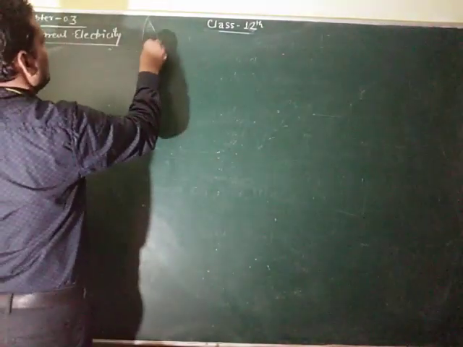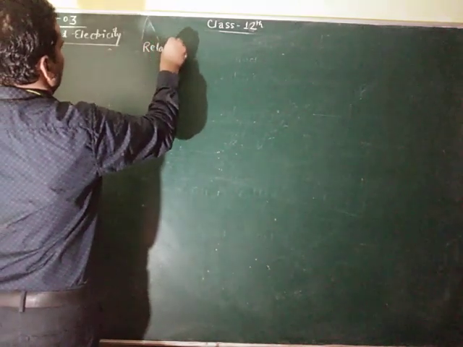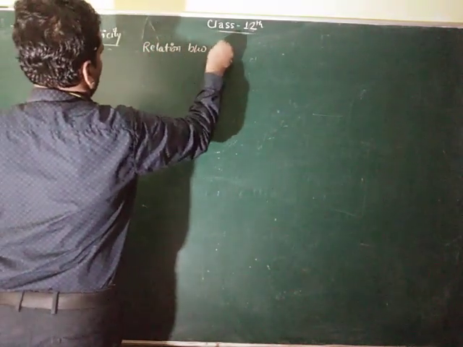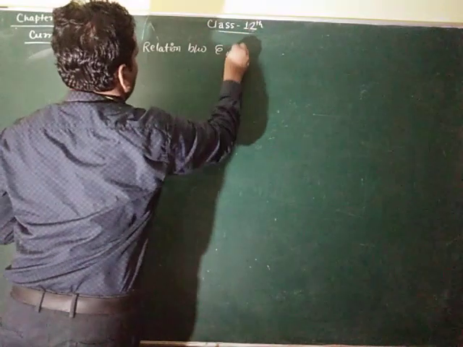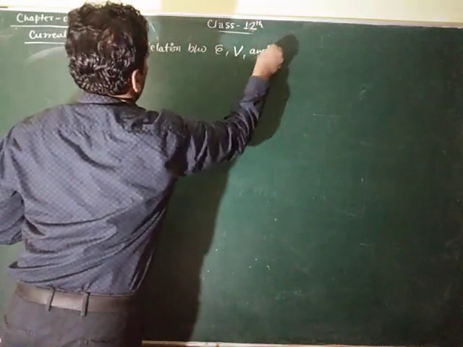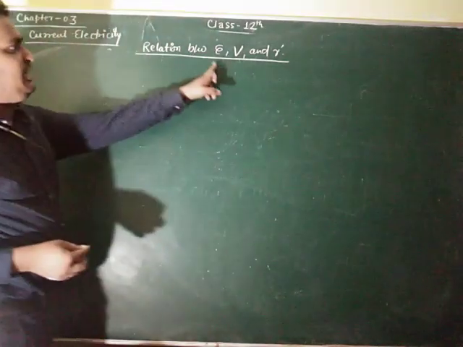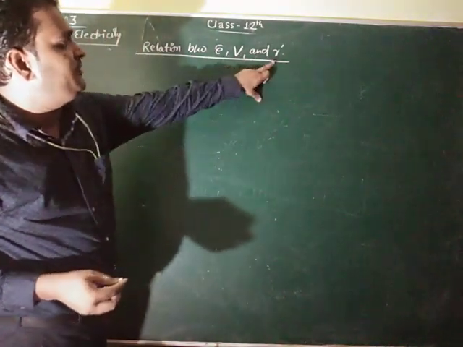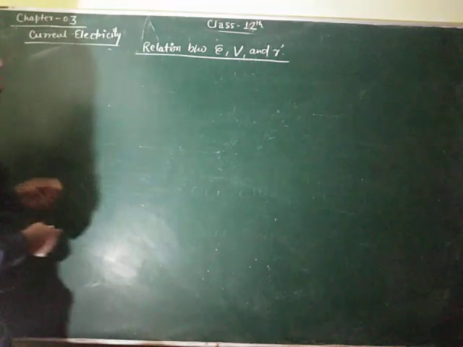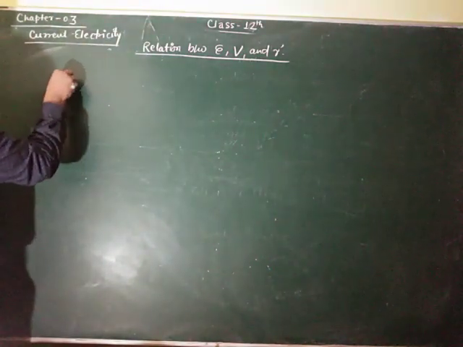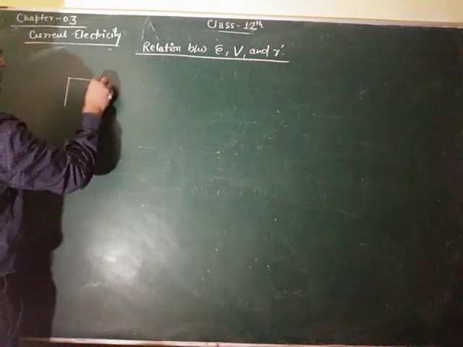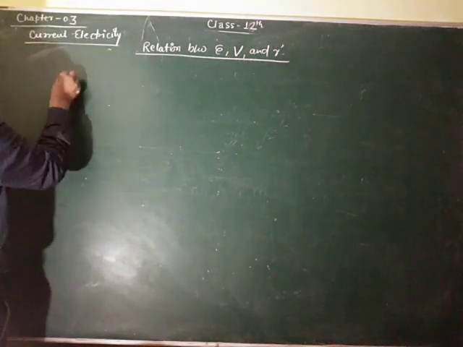Now next is the relation between E, V, and r: the relation between EMF, terminal potential difference, and internal resistance. For this we have to derive a relation, and we will draw a diagram.